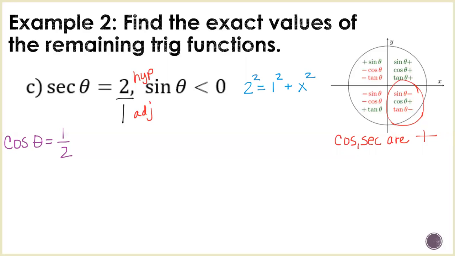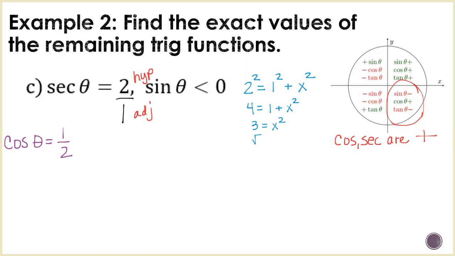So let's go ahead and find our opposite side, sorry. So 4 equals 1 plus x squared. Subtract the 1, 3 equals x squared.